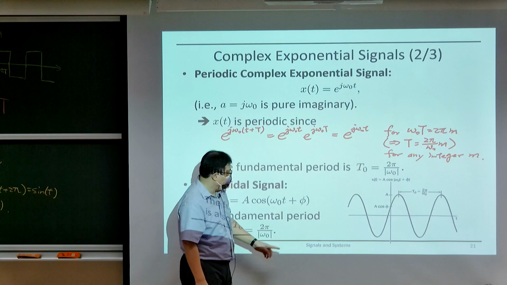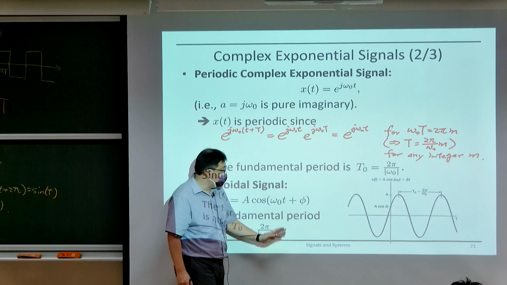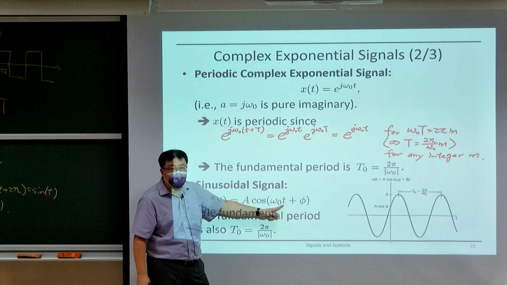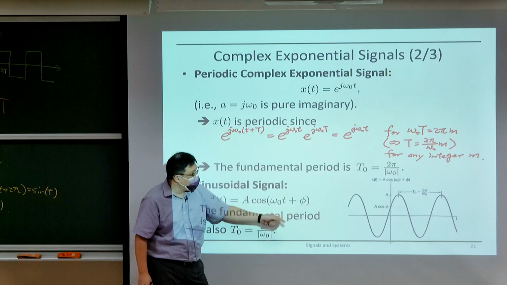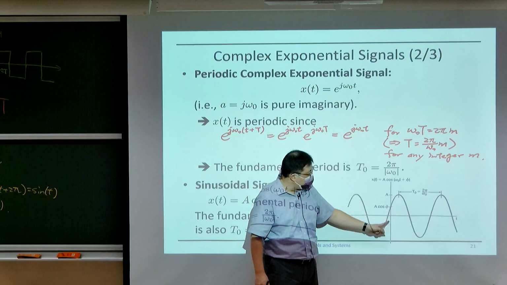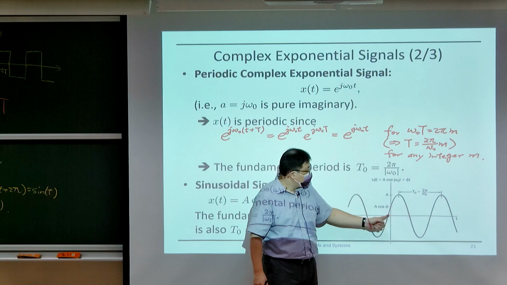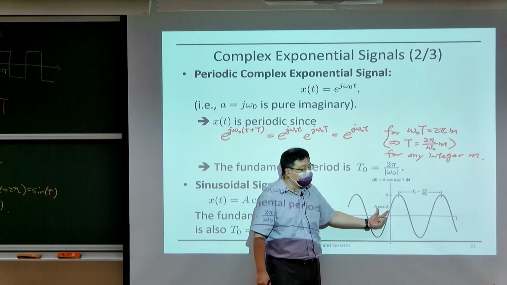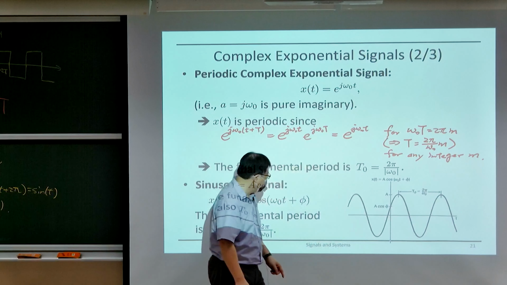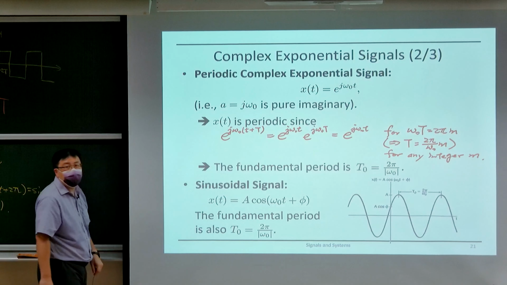But because of this phase shift, at time 0 the point you observe is cosine phi instead of the peak. So the peak is offset due to this phase shift.